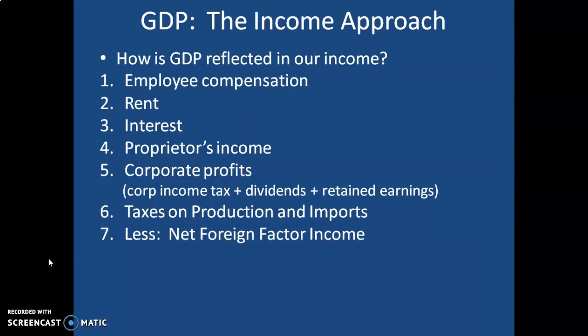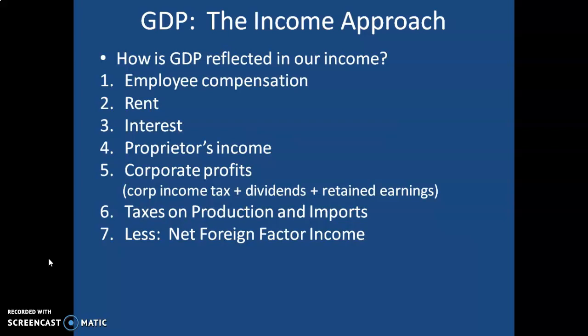Then we have to subtract out something. Americans are receiving income from production that's actually taking place overseas. So if an American owns, for example, stock in Nike, Nike makes a lot of their shoes overseas. And so Nike shareholders are receiving income from production that's actually taking place overseas.